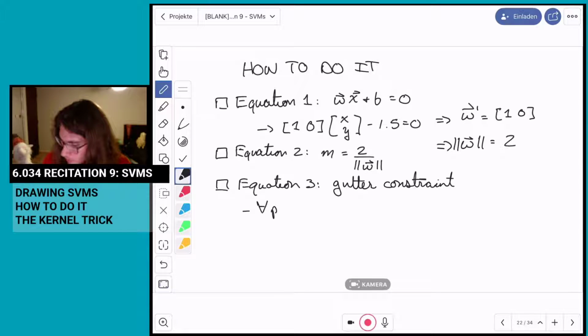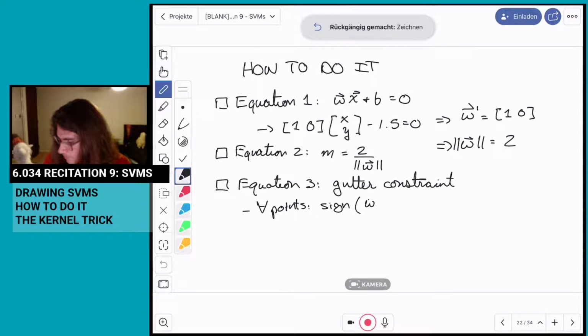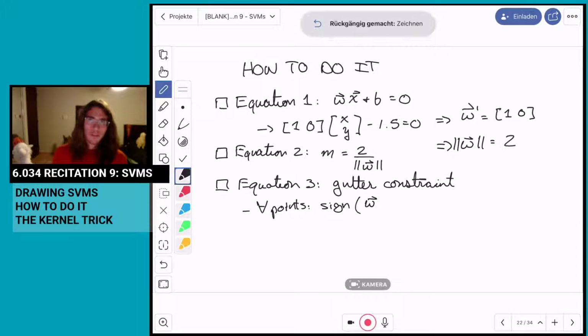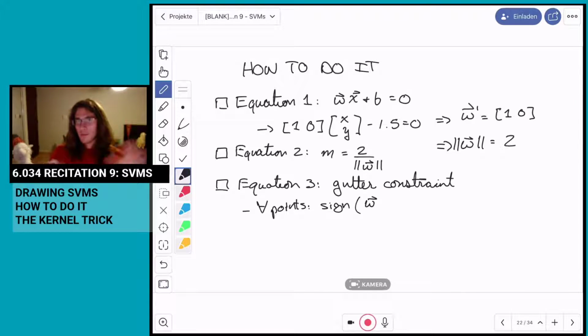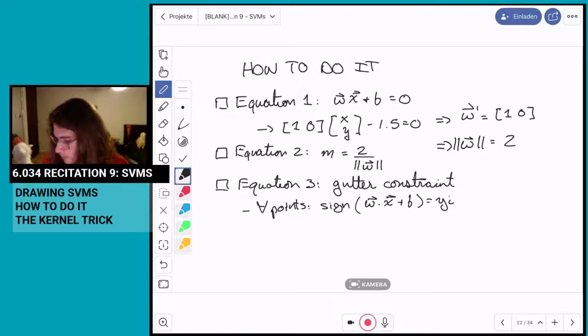For all points, the sign of the dot product, the operation that I quickly went over when I was rewriting the W and the X in the form of vectors, W dotted with X plus the offset is equal to that point's classification, yi.